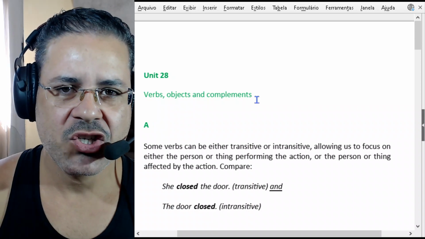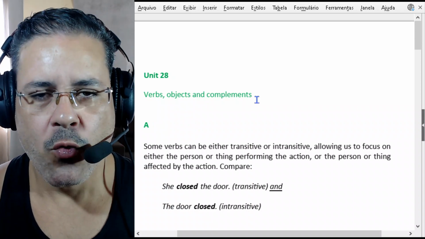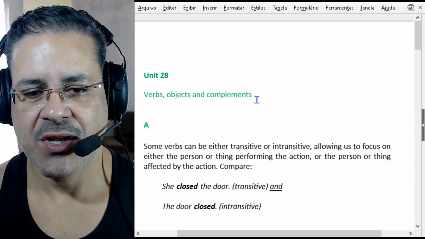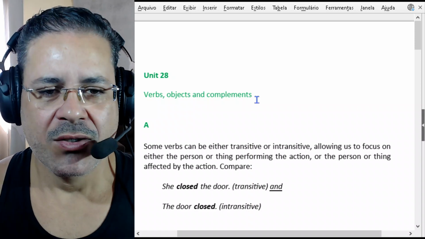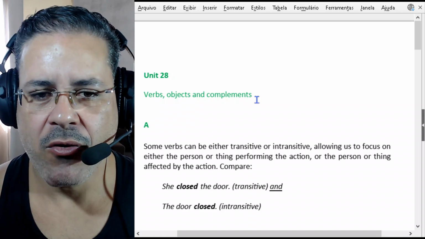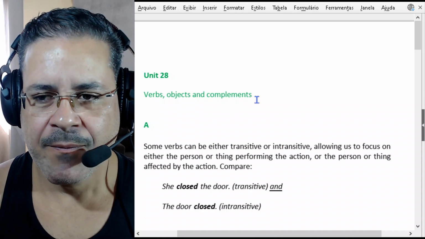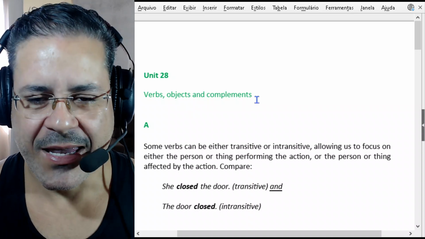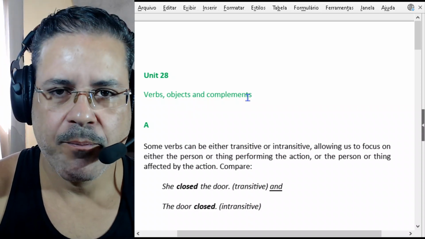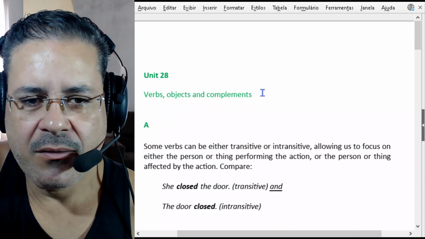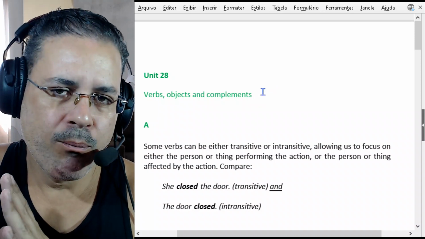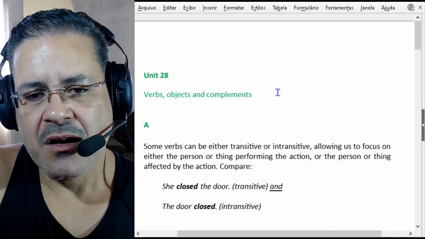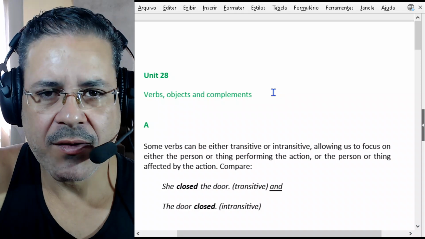My intention is to reach Unit 100, where basically we'll be talking about all the structures that are necessary to bring your English to the next level and correct all the things that are impeding you from going further with your English, and we're trying to do it in the best way, not going much into grammar, not going much into conversation, but addressing all the things at the same time.